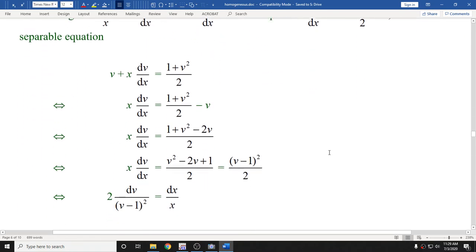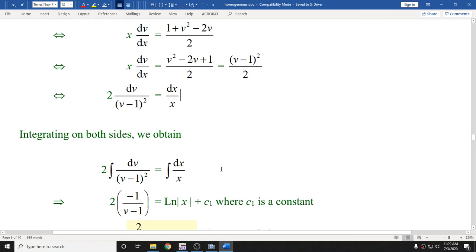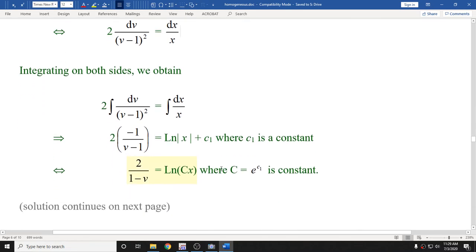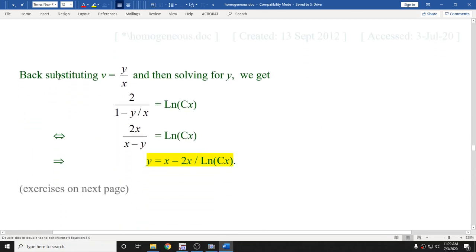We obtained our separable equation. We solved it as usual by integrating both sides. We got our partial solution. Then we made our back substitution. And after our back substitution, some algebra gave us this final answer.